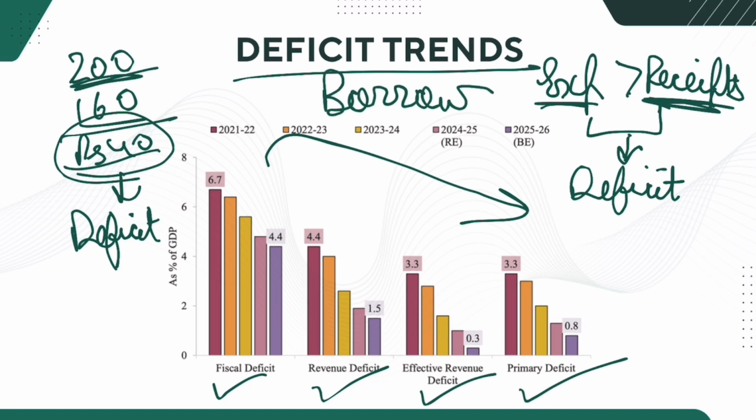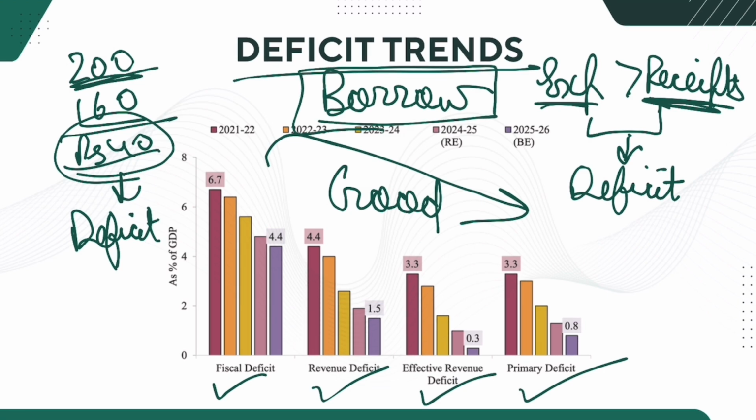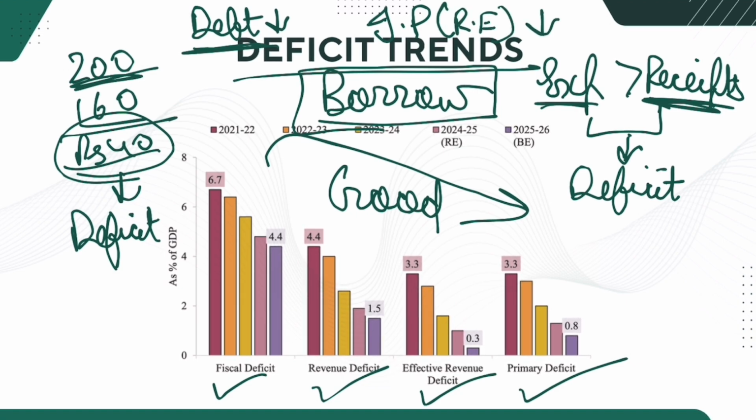Therefore, these deficits declining is good news. Why? Because if deficits are low, you need to borrow less. And if borrowings are low, then debt on you is low. And if debt on you is low, then future interest payments for these debts, which are part of revenue expenditure, would also decline. And that is overall good news. Reduced debt on government is good news. It is important for the stability of the country.